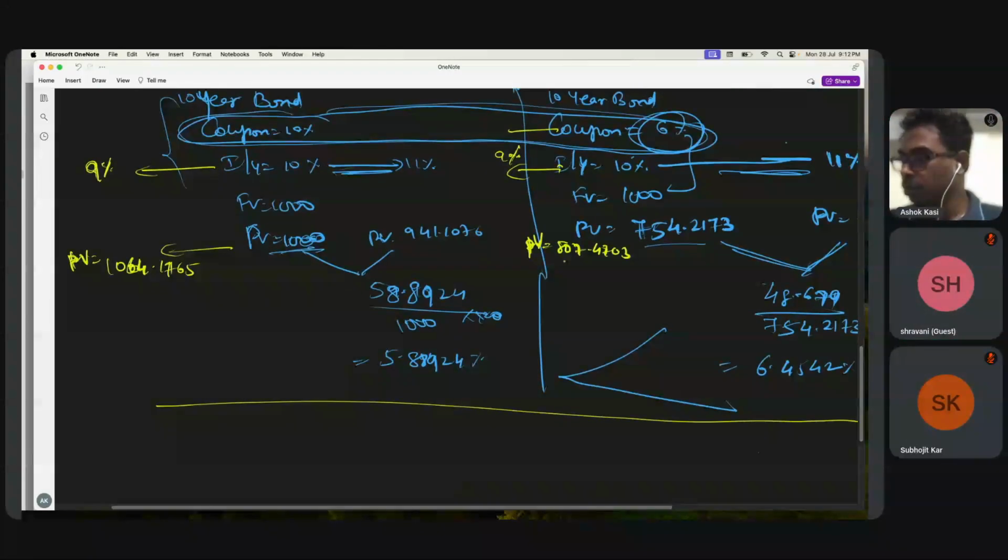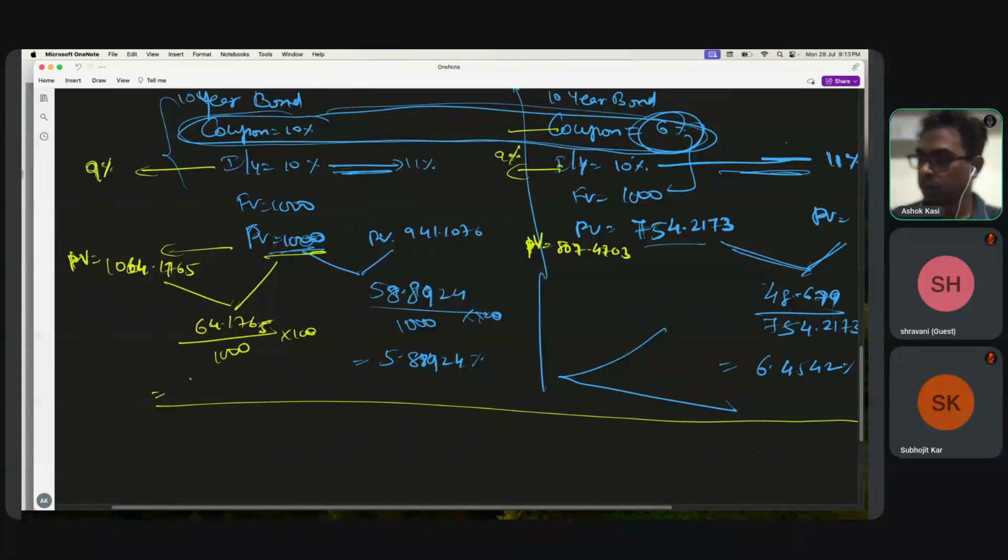So now, what is the change here? Calculate. 1000 minus 1064, so it will be 64.1765 over 1000, into 100. That comes to 6.41765 percent.